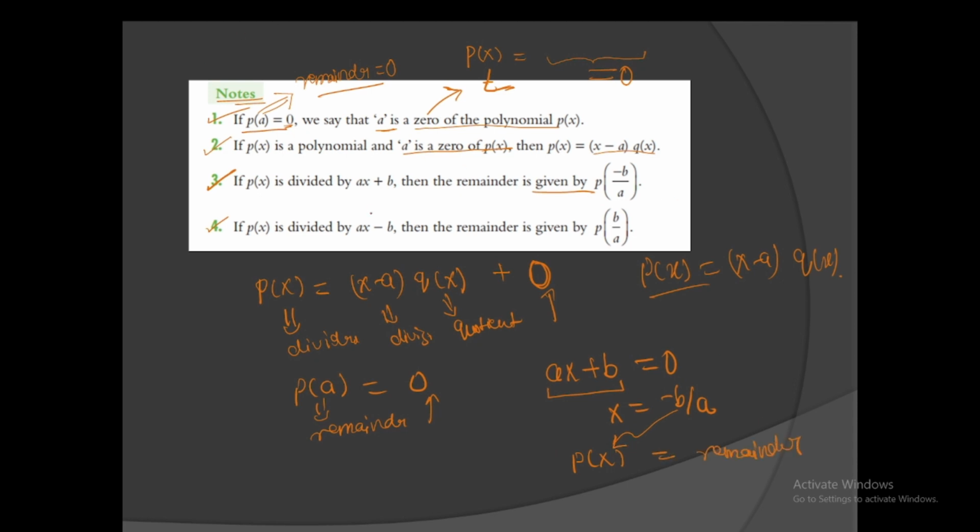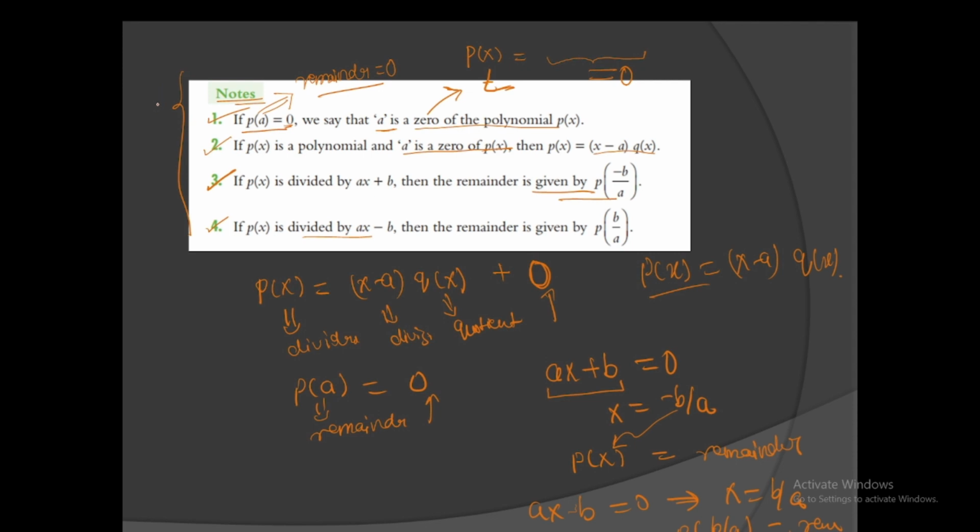So p of minus b by a will give the remainder. And similarly over here, if we equate ax minus b equal to 0, from here we get x equal to b by a, and if we put b by a, then we get the value of the remainder, right? So I have explained all these 4 points which are very important and we need to consider while solving the questions related to remainder here.